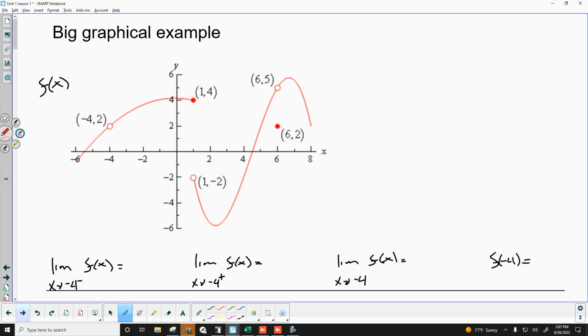Right? Because it's not actually a point, it's just a one. Right here, negative 2. Yeah, it's very same, but it just doesn't exist. They approach each other.